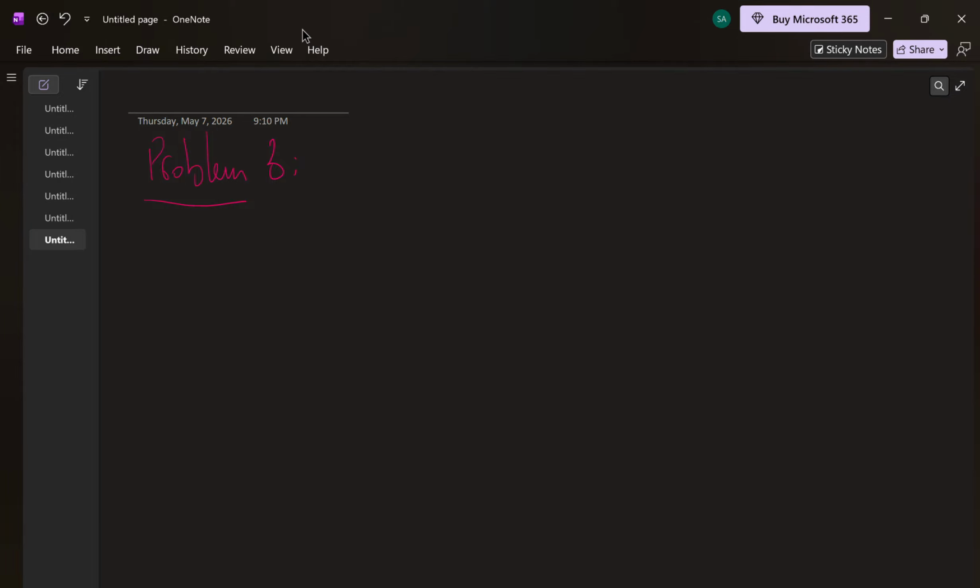So y double prime minus y prime plus y is equal to 0. And in this problem we have initial conditions. That is, it is required from us to compute C1 and C2. So problem 3 is an initial condition problem.